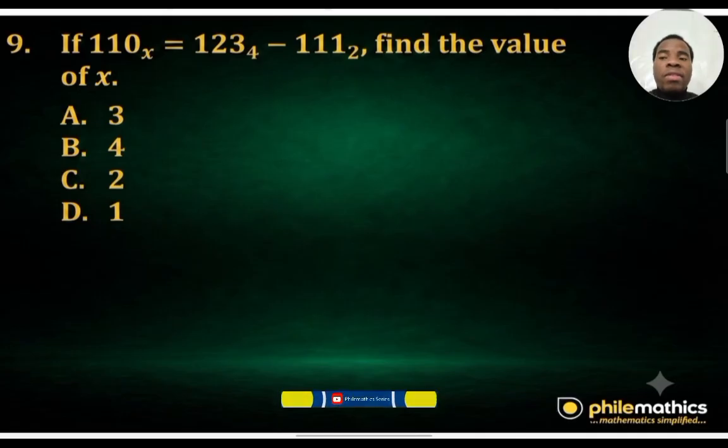This is an interesting question on number bases. And we are simply asked to find the value of x if 110 base x is 123 base 4 minus 111 base 2. To find the value of x, we simply convert each of these bases to base 10, because we work with base 10 in our number system.